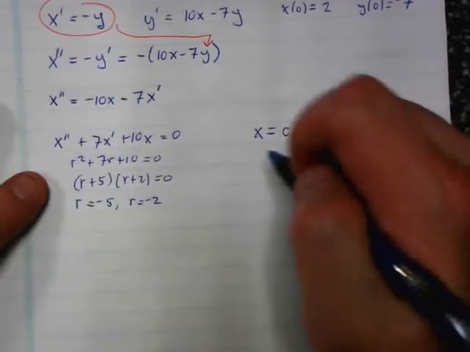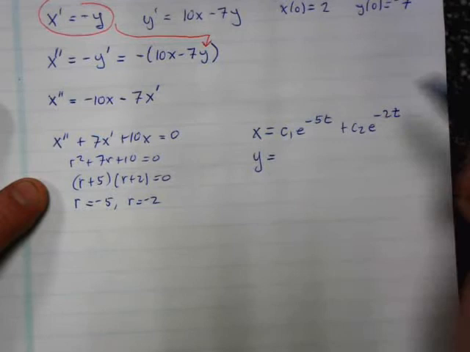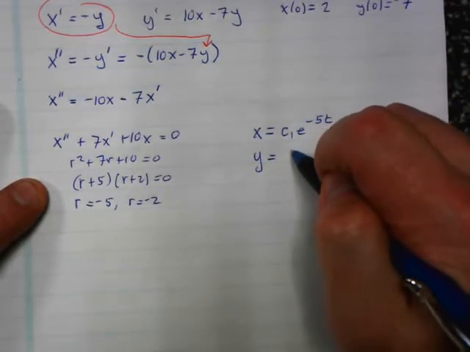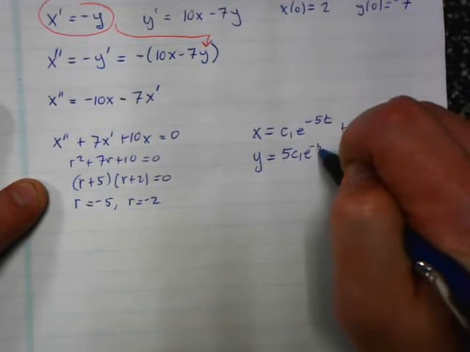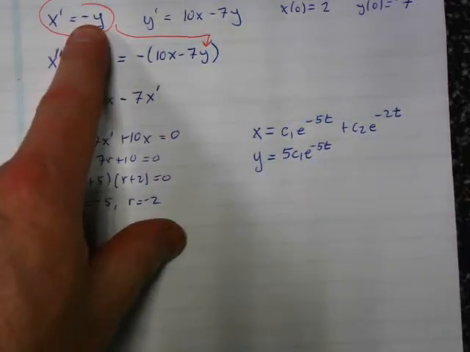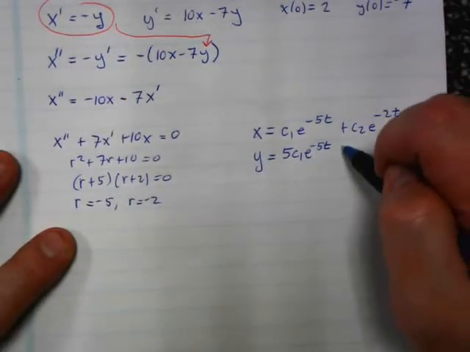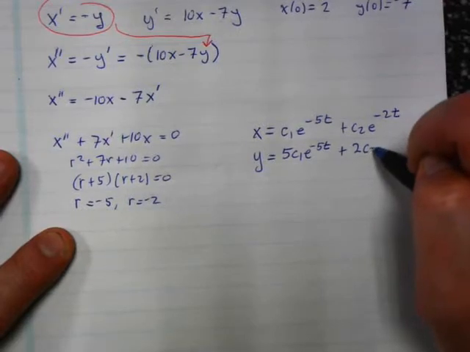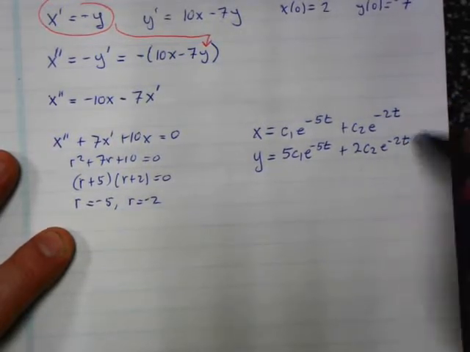All right, so y is 5 C1 e to the negative 5t. Because when I take the derivative, I'm going to have to multiply by a negative 5, but then I've got this other negative, so that makes it a positive. Plus 2C2 e to the negative 2t.